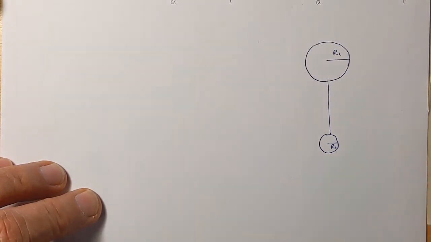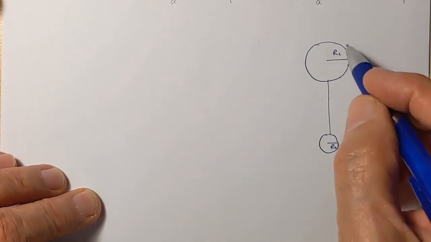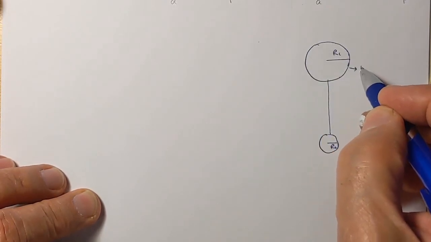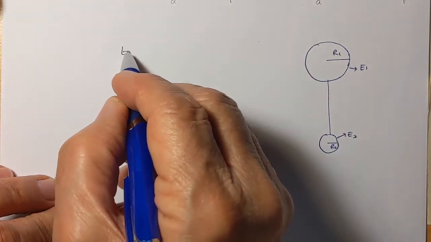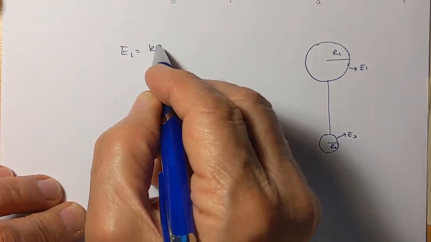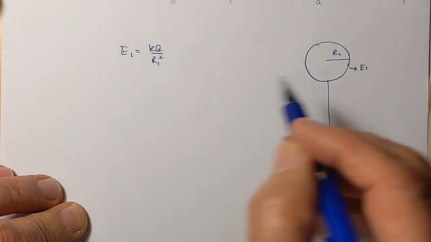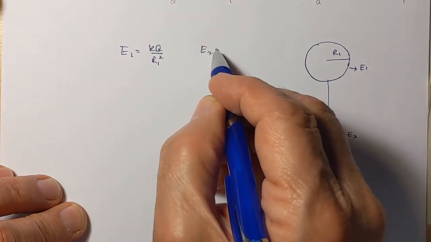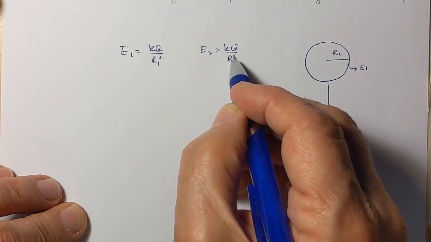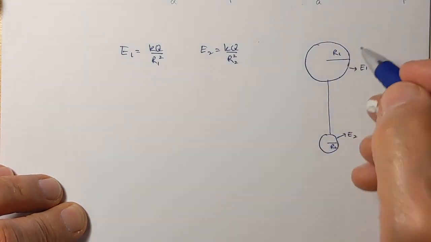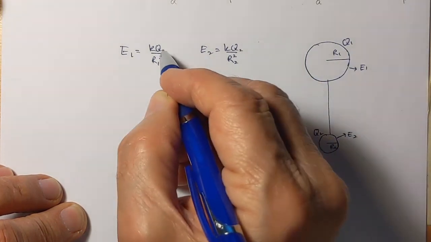The electric field just outside would be E1, and the electric field just here would be E2. We can say that E1 is KQ1 over R1 squared, that's just on the surface, and E2 is KQ2 over R2 squared.